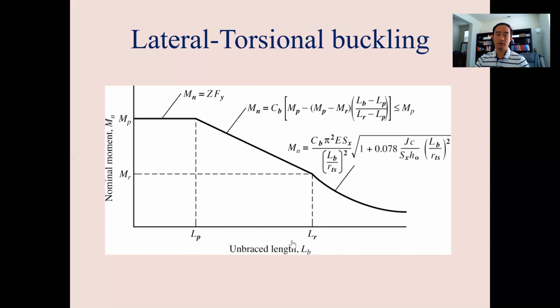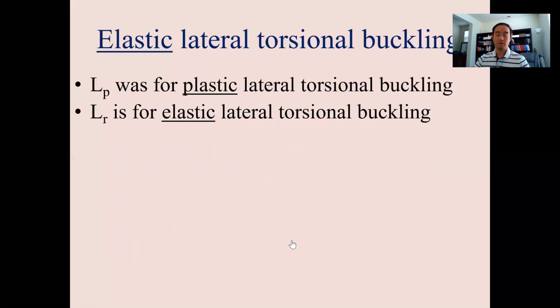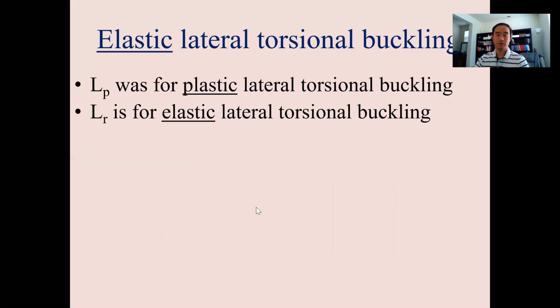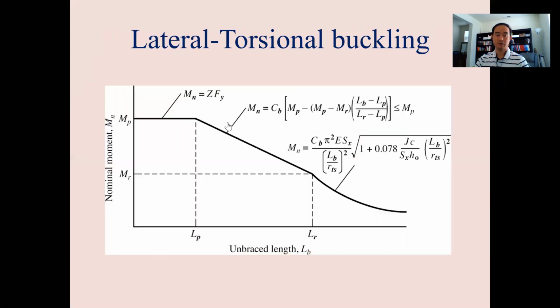L sub R is the boundary between elastic and inelastic lateral torsional buckling. L sub P was for plastic, or I would say inelastic, lateral torsional buckling. It's very similar to inelastic buckling and elastic buckling for the column, right? And L sub R is for elastic lateral torsional buckling. So this is the range for inelastic lateral torsional buckling.